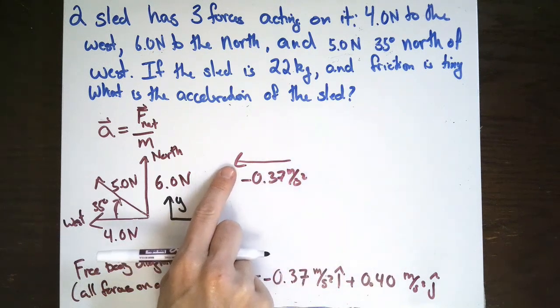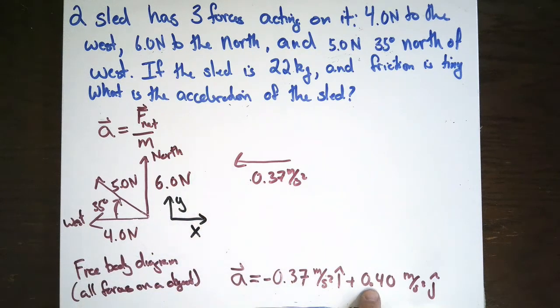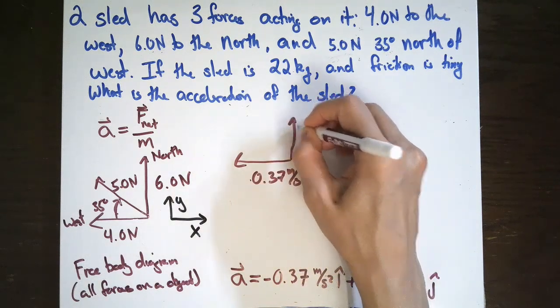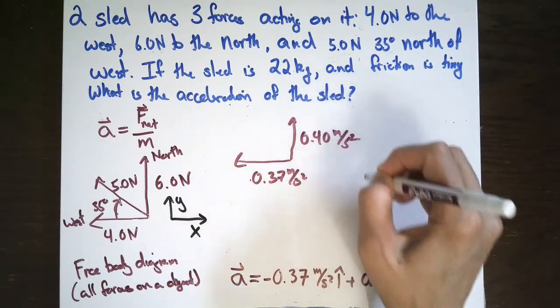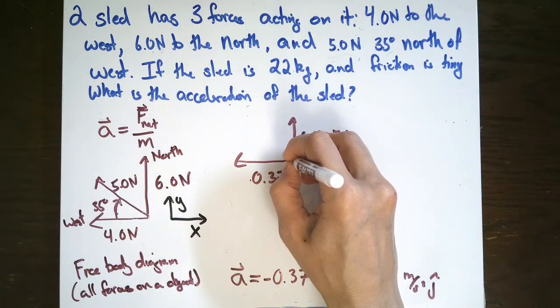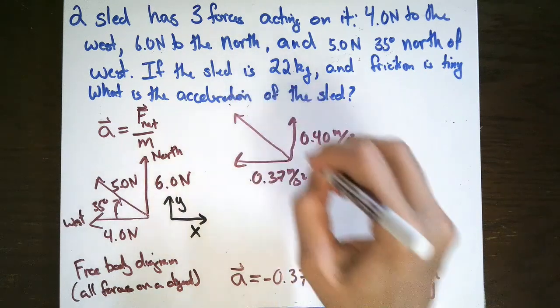The negative, actually, we've taken care of that, I guess, with the arrow, so we can get rid of the negative right there. And then 0.40 in the j direction, and that's up. So that is upwards, 0.40 meters per second squared. And then if we want to make a triangle, go ahead and use our trig functions. I guess that is going to have a magnitude kind of going out like that.